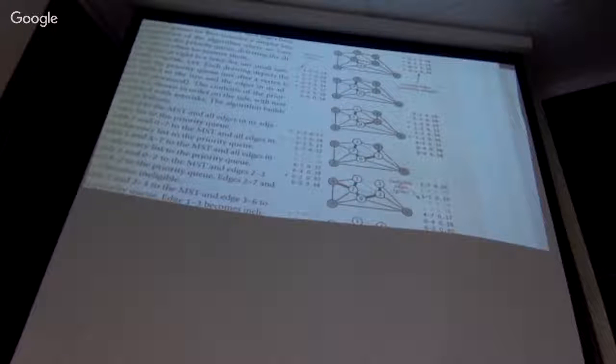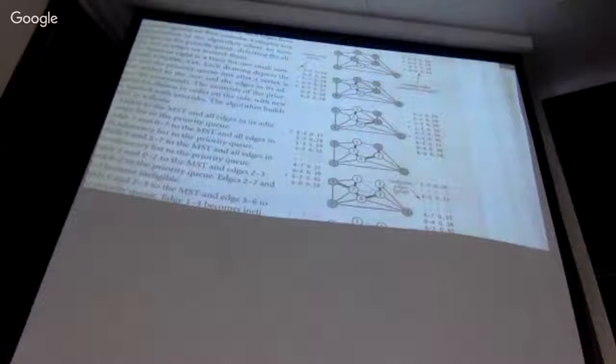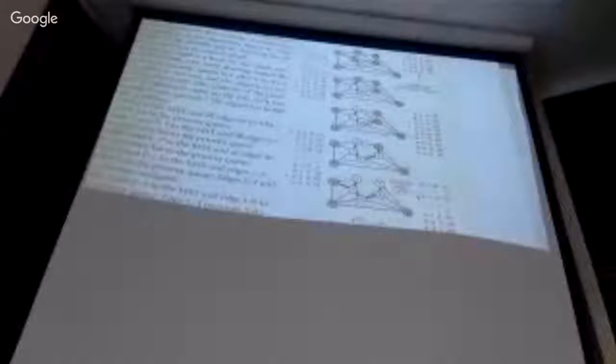Yes. Just on the graph before, when you added 0-2 on top, what happened to 1-7? It's still there. 1-7 is the minimum. I update the priority queue as I go by deleting the top element of the priority queue. That's why it's so nice to actually use a priority queue.